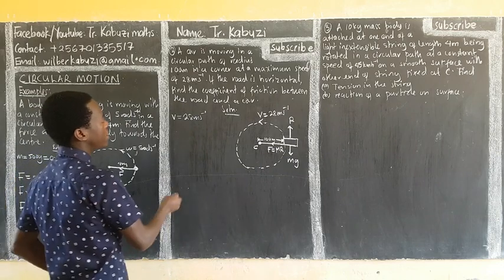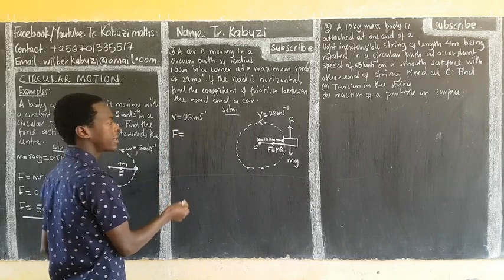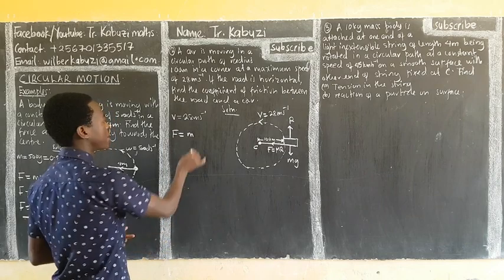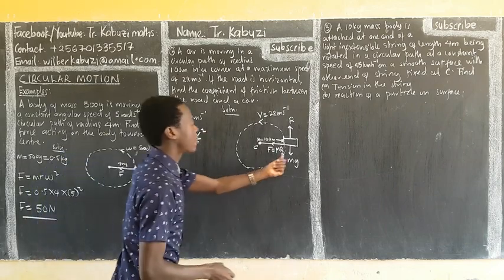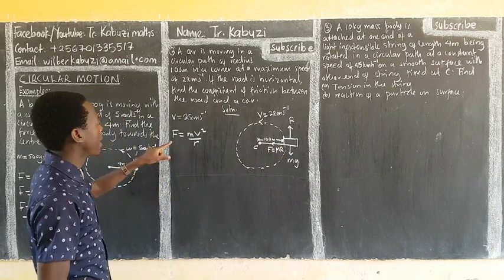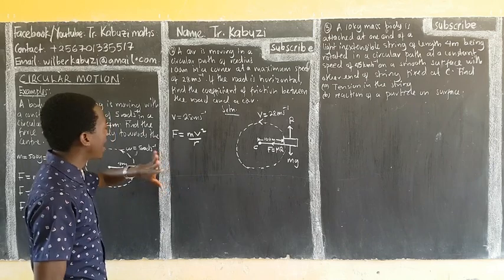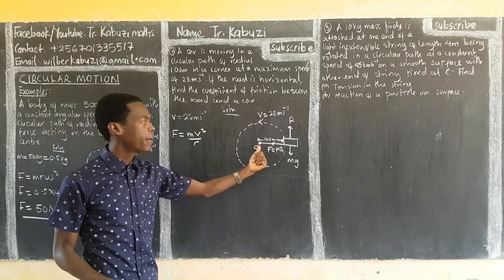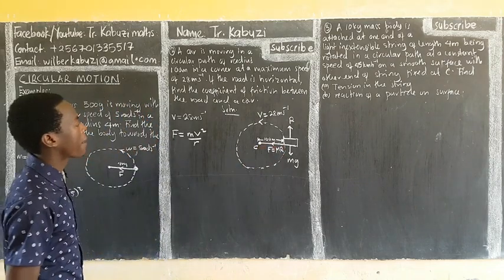From there, I always know that the horizontal force is always the centripetal force, m v squared over r, where this force is always the force towards the center. Now this force can be friction, it can be tension and so on. So this force now is going to be the frictional force between the road and the car.